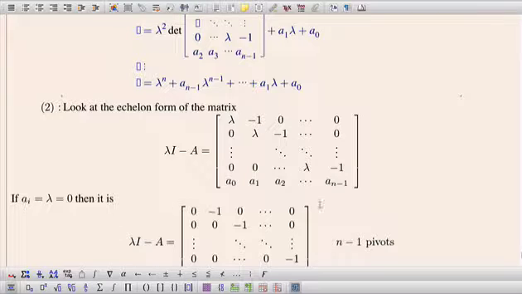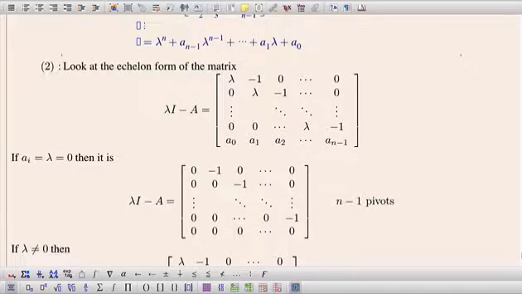So if the A's are zeros and lambdas are zeros, then we have lambda I minus A of this form. So all the A's are zeros, all the lambdas are zeros, so only minus 1s are here. Look at this, how many pivots you have. This is actually already in upper echelon form, and we have n minus 1 pivots.